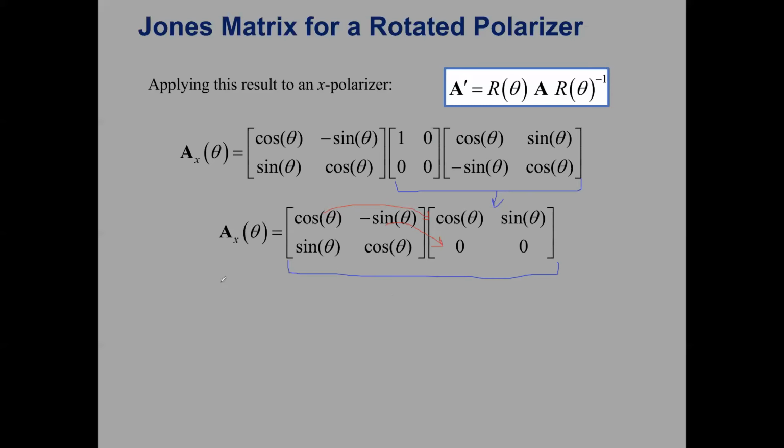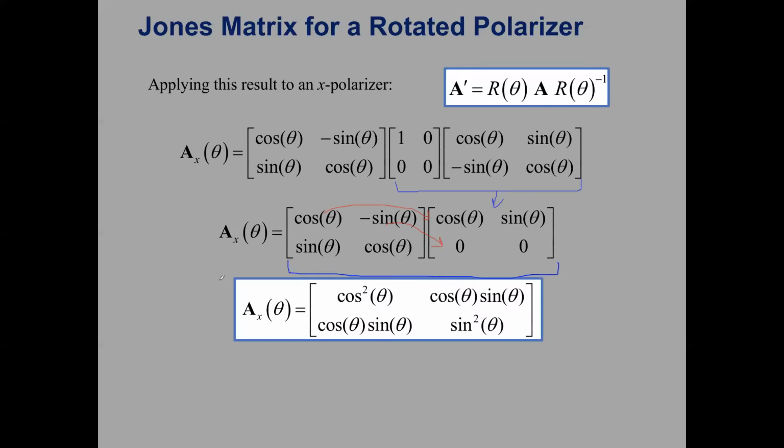And then we should have a sine squared in the last term. So our total overall rotated polarizer matrix for a polarizer rotated by an angle theta looks like this. The diagonals are cosine squared and sine squared, and the off diagonal elements are cosine theta sine theta, cosine theta sine theta.